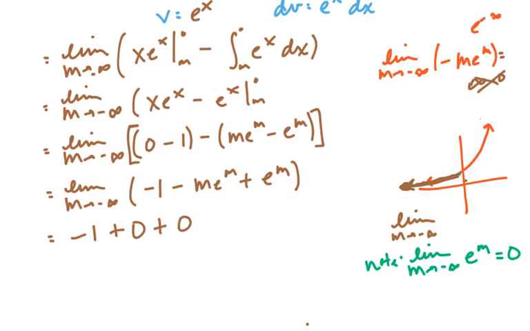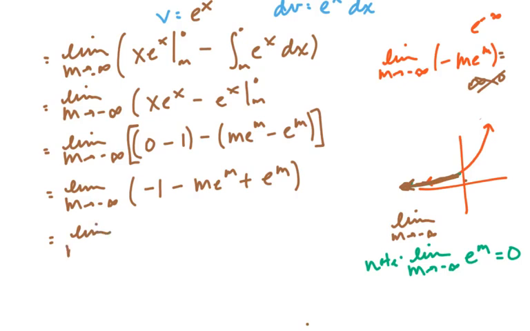Now, it is better to put this in the problem, but I wanted to pull it out for you to see that this means our answer is going to be negative 1. But if you're writing this problem up, you either need notes in there or you do it each time.